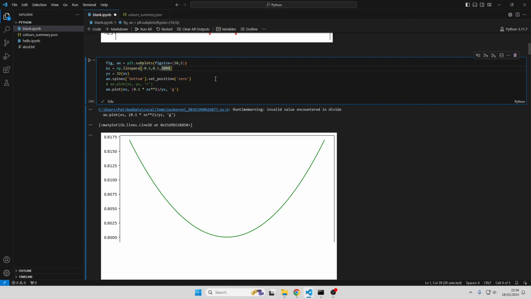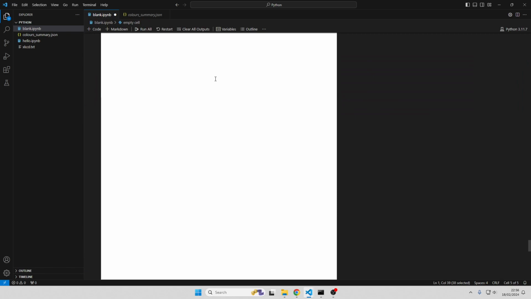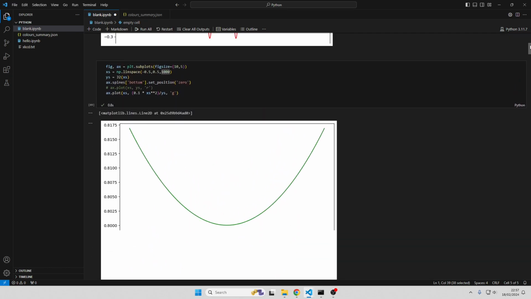If we do 1000 points, then 0 is not going to be one of them. For some reason we've got this huge vertical extent, I'm not quite sure exactly why, but we can see anyway that the ratio is around 0.8.